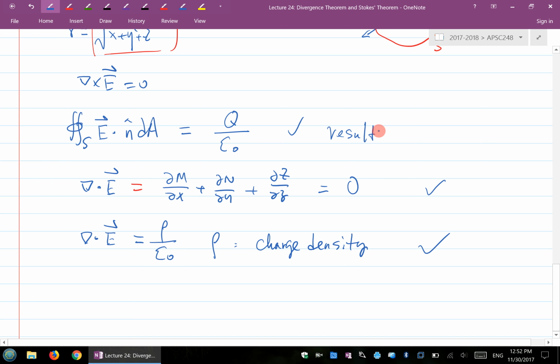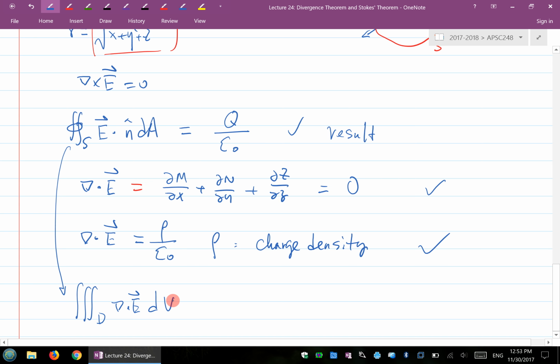Now, if you're tempted to say, why don't we just use the divergence theorem to calculate this surface integral? Then what's going to happen? Let's try it. If I use the divergence theorem, I'm going to calculate this triple integral of del dot E dV.